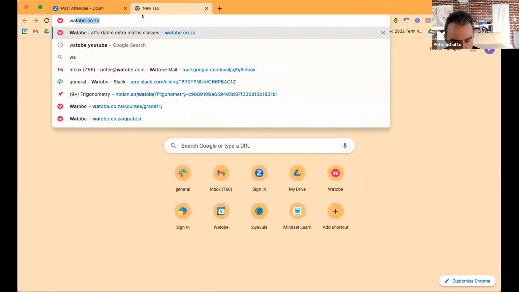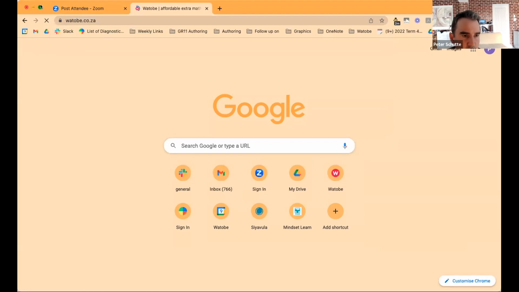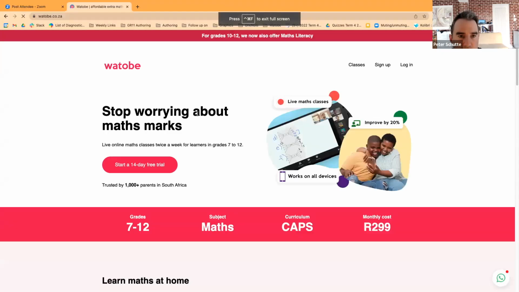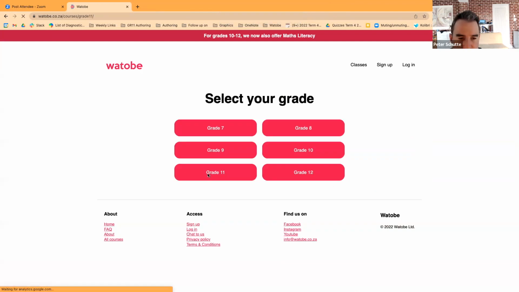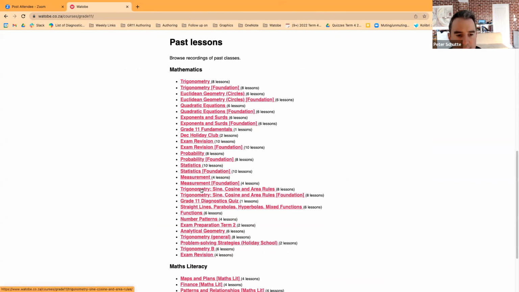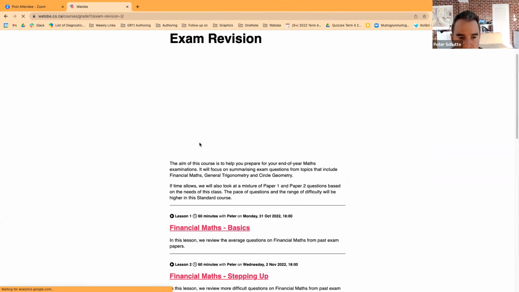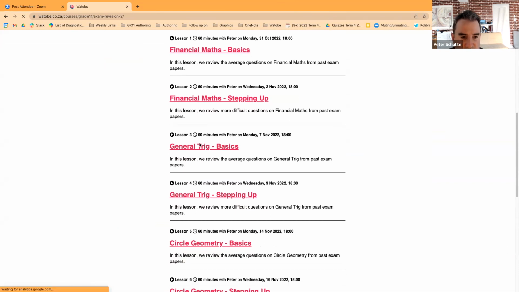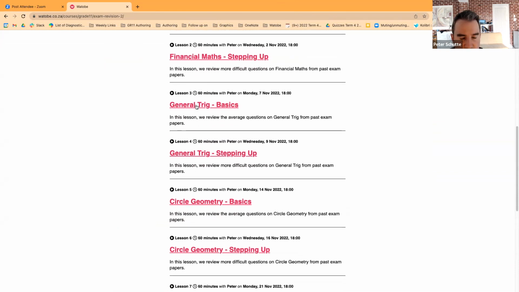So if you really need some trig reduction help and you cannot wait until later in this course, then if you go to grade 11 and you go to exam revision, exam revision from last year, you will see that there is some general trig basics and general stepping up.